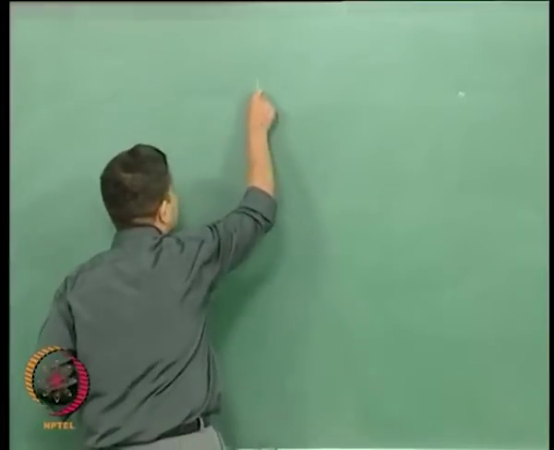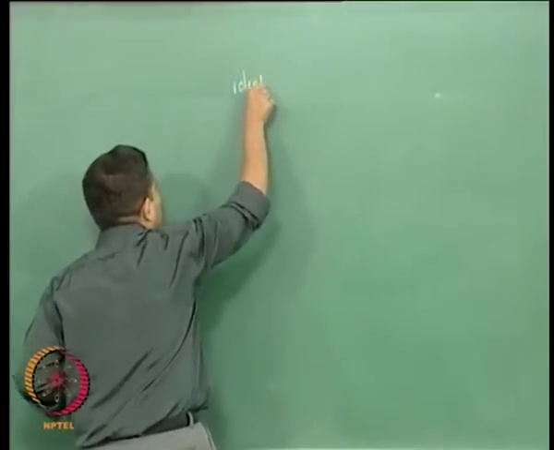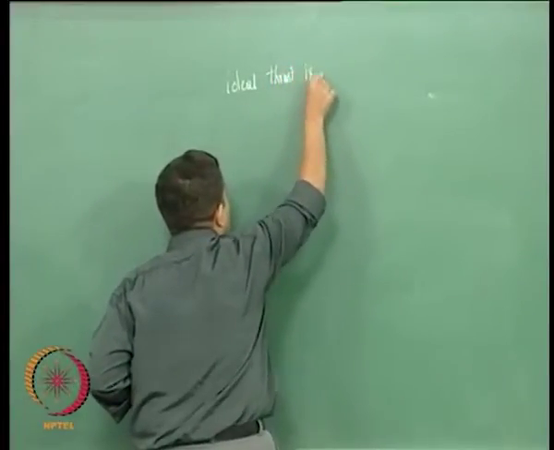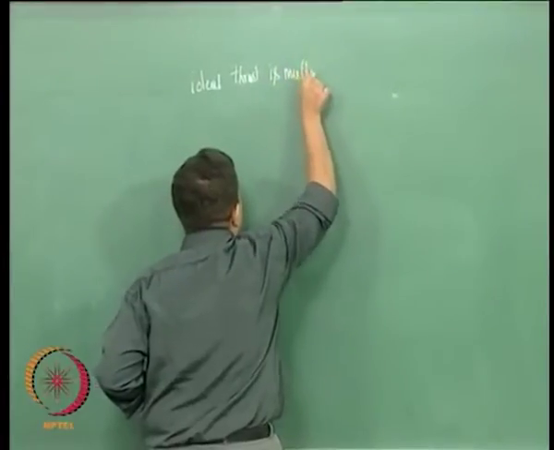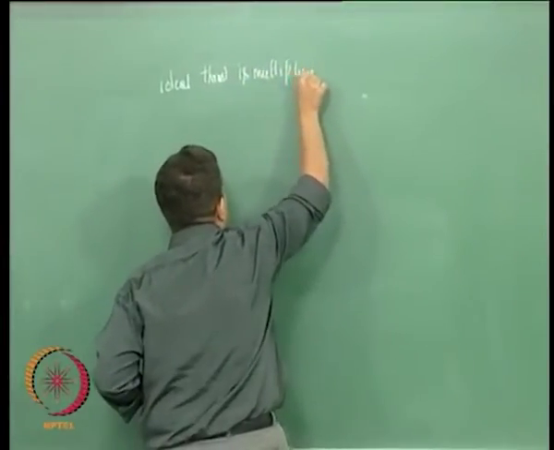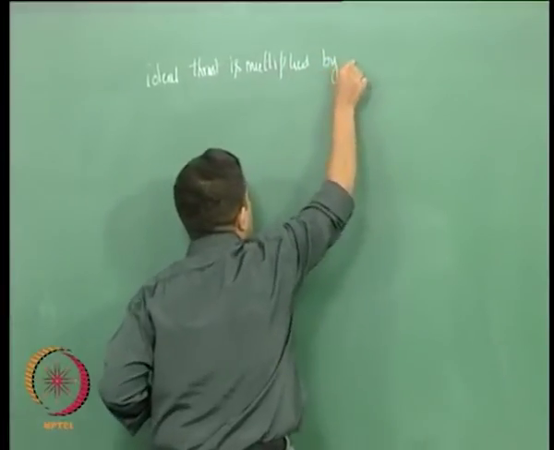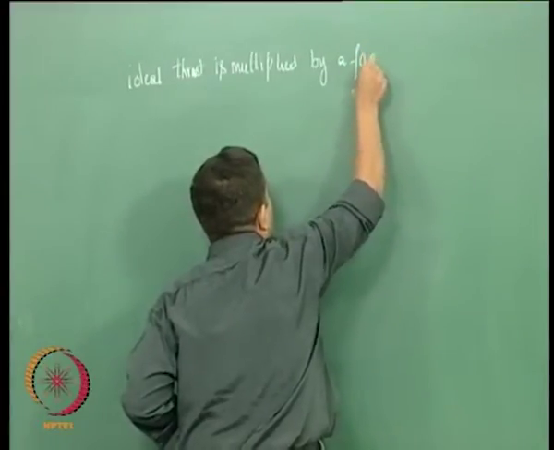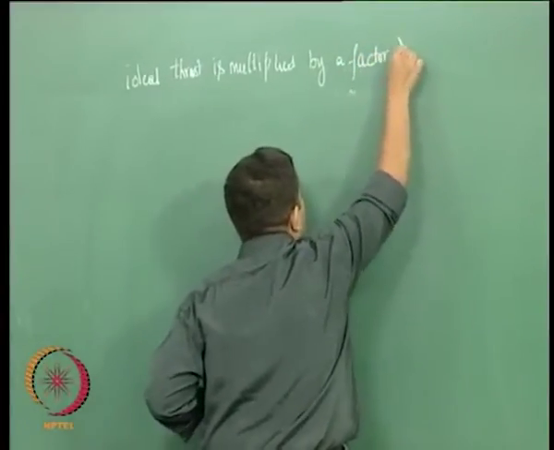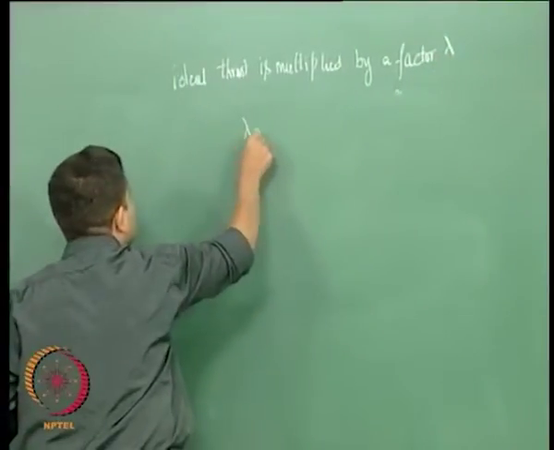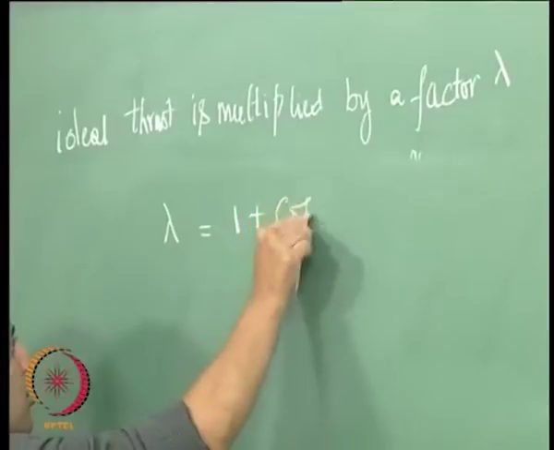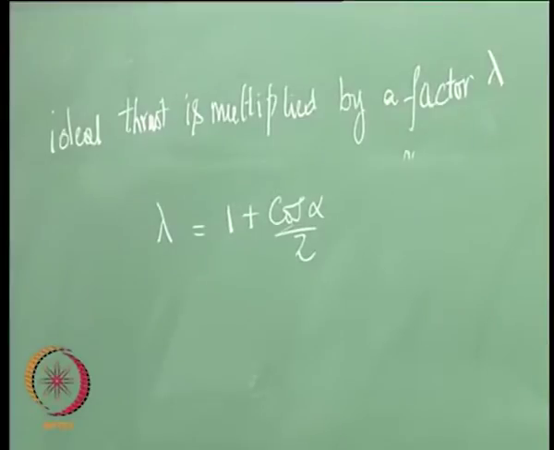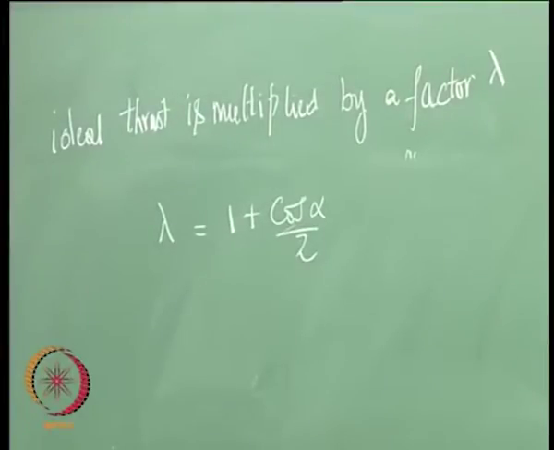So, in a sense, ideal thrust is multiplied by a factor lambda, where lambda is equal to 1 plus cos alpha by 2.